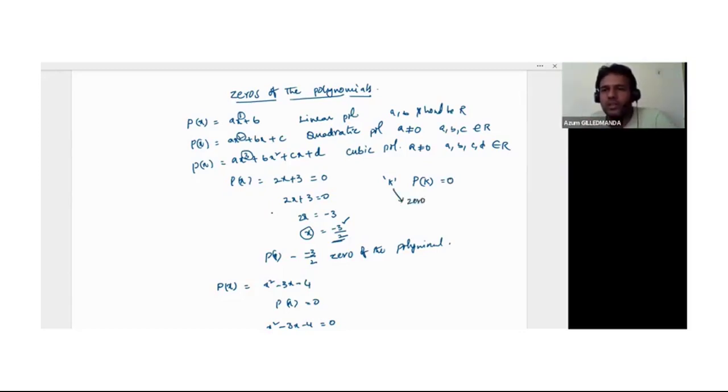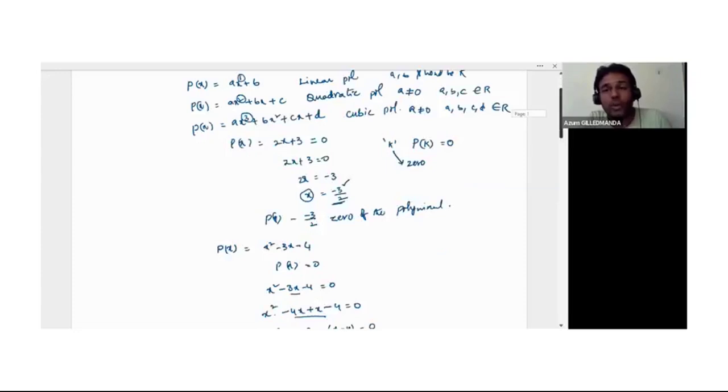Understood? Here in the polynomial 2x plus 3, the zero is minus 3 by 2, because if you substitute that value, the polynomial value becomes 0. So such a value is called a zero of a polynomial.